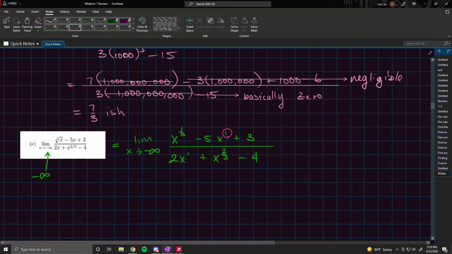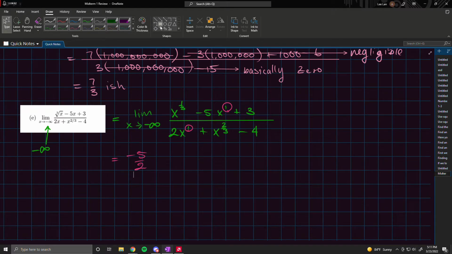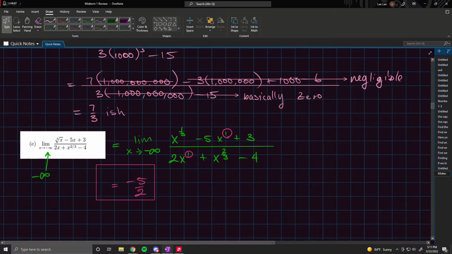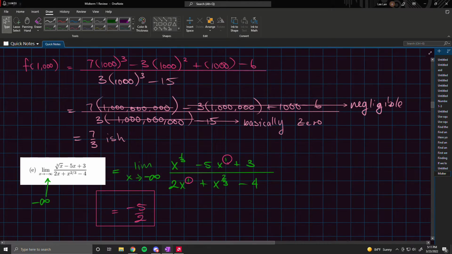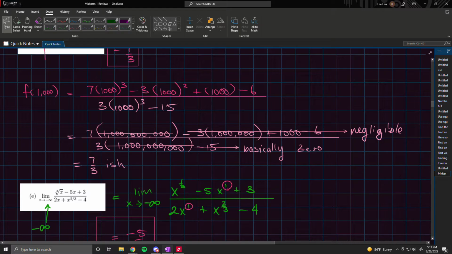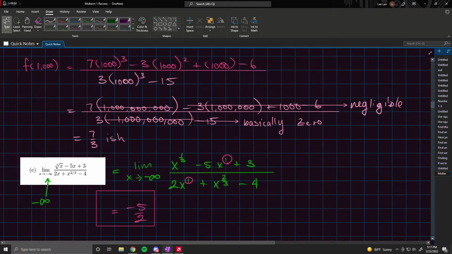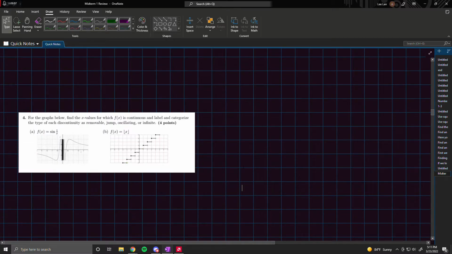It's this number and this number, and they happen to be equal again, so the answer should be negative 5/2. Not too bad. You could say the same thing: you can plug in very large numbers and the same situation will still play out, even though the exponents are not quite so linear, but you could try that yourself if you're interested. Okay, let's move on to number 4.